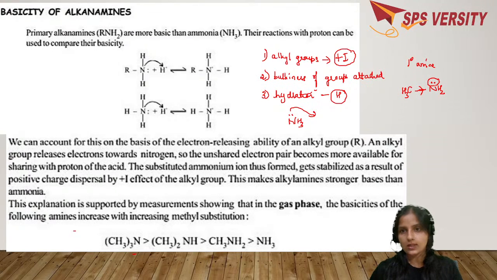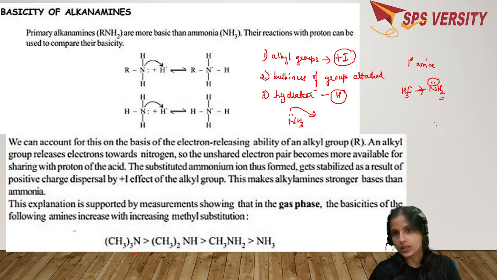When the electron density on nitrogen increases, it can give the electron pair very easily, and it is comparatively a stronger base compared to ammonia. As well as if you see the bulkiness, two hydrogens are attached to nitrogen. They are not bulky, they are smaller groups, and there is only one methyl group. So steric hindrance doesn't come into the picture over here.